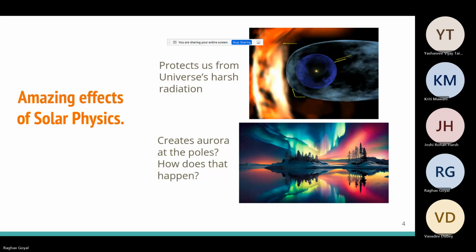It is a very important thing for us, because it shields the solar system as a whole from harmful radiations from the outside, and that's another direct consequence of the physics of the sun. So these are two very cool effects. One very cool to the eye, and one pretty necessary for our livelihoods.